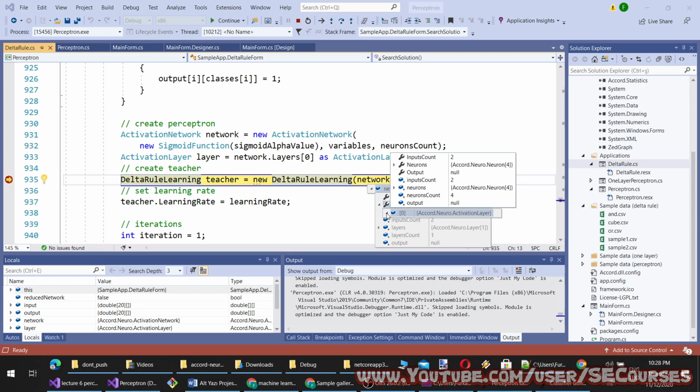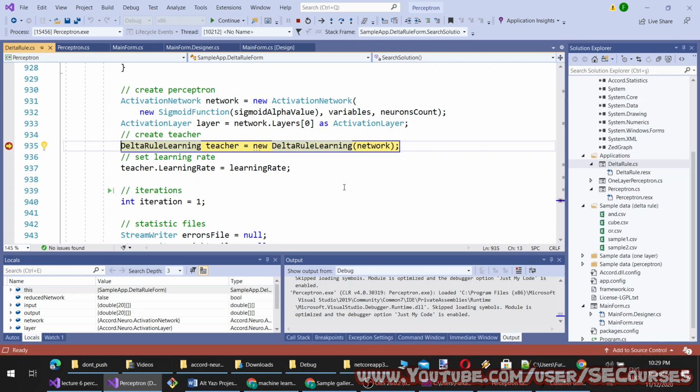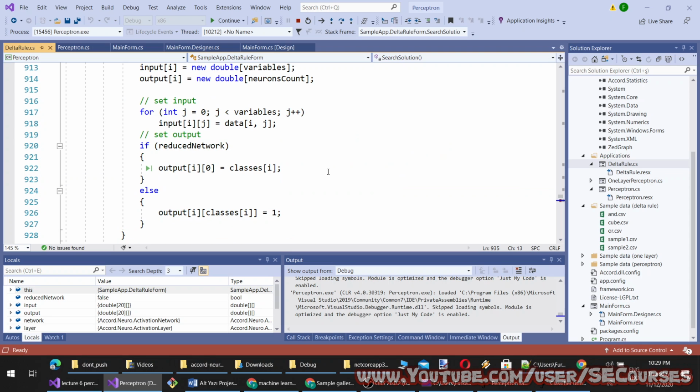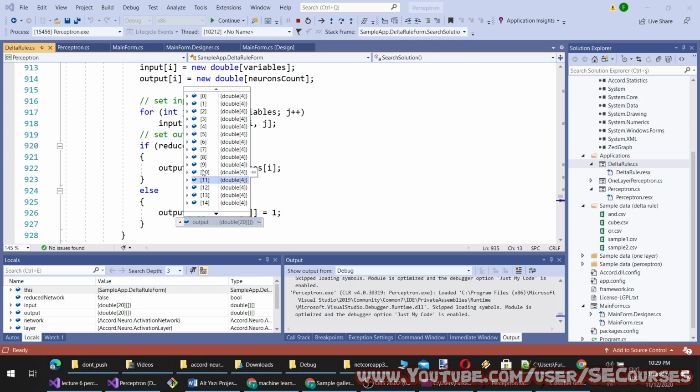Layers. Inputs, column, levels, output, layers. It says output is null. Why? Output has 4.